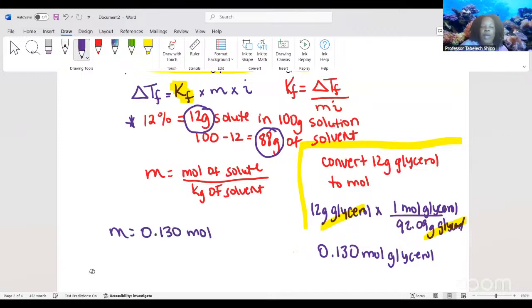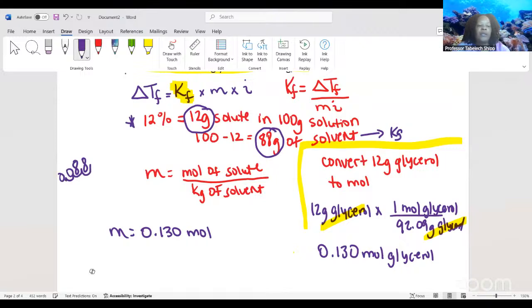But something else we have to do too, we have to get the grams of the solvent into kilograms. So if you remember, that's what we said before. You've got to convert that. You're going to move your decimal place 3 places to the left. So let me put this off to the side so you all can see that over here. You're going to take the 88 grams, and go 1, 2, 3.